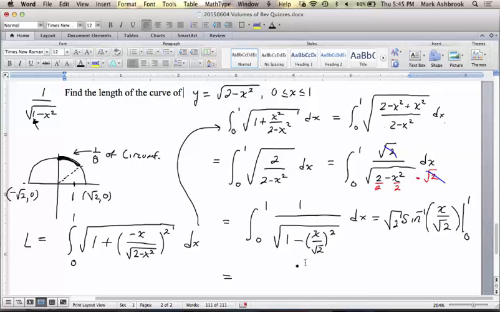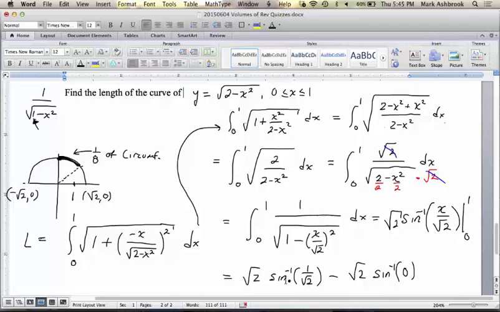Okay, so now we got the square root of 2 sine inverse of 1 over radical 2 minus radical 2 sine inverse of 0. So we're asking what angle gives us a sine of 1 over radical 2, which is the same as radical 2 over 2. This is inverse sine, so this is like the output of sine.